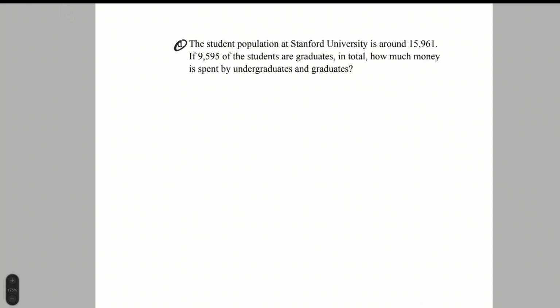Right, our last question is letter D. The student population at Stanford University is around 15,961. If 9,595 of the students are graduates, in total, how much money is spent by the undergraduates and graduates? Right, so from the chart above, we know that the average undergrad spends around $58,418.